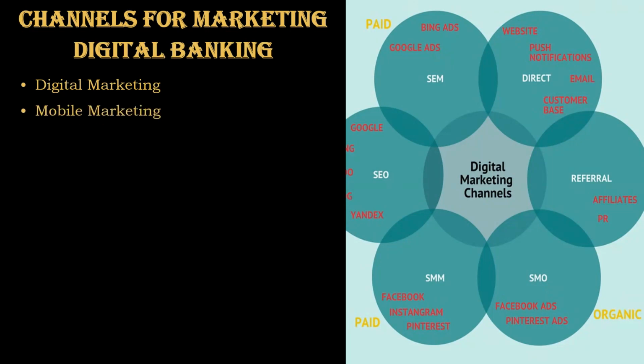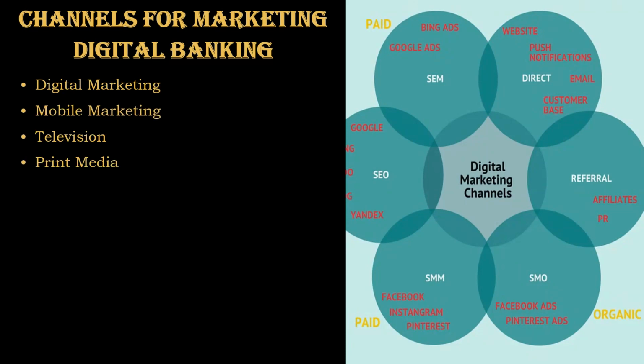Coming to mobile marketing. Mobile marketing is done by promoting digital banking apps through mobile advertising to increase downloads and user engagement. By SMS marketing, we send targeted, personalized SMSs to users about promotions, transactions, and also security updates. With television, we run commercials on national and regional television channels to create awareness and showcase the features of digital banking products.